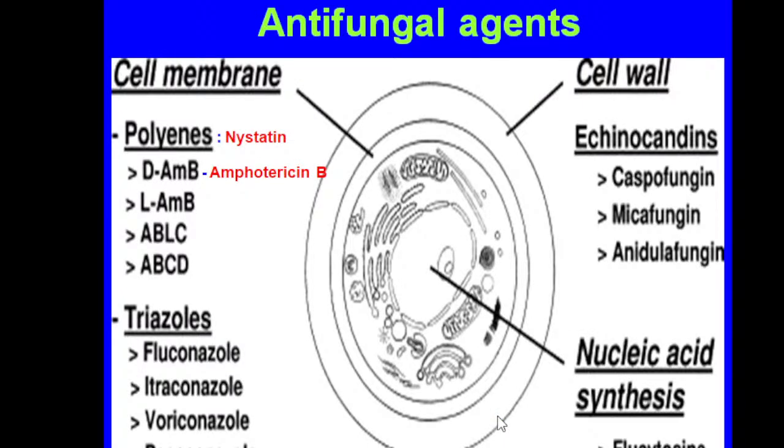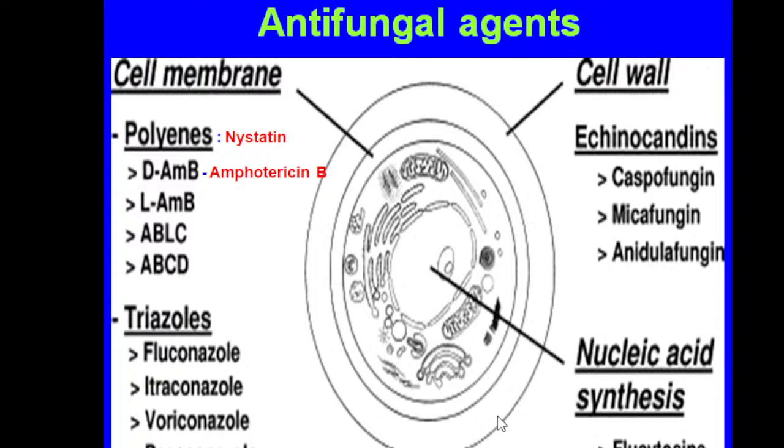Now I would like to stop at the antifungal agents. So we said that it is difficult to find a drug that will act selectively against the eukaryotic cell of fungus, but doesn't cause any severe damage to the human cell.